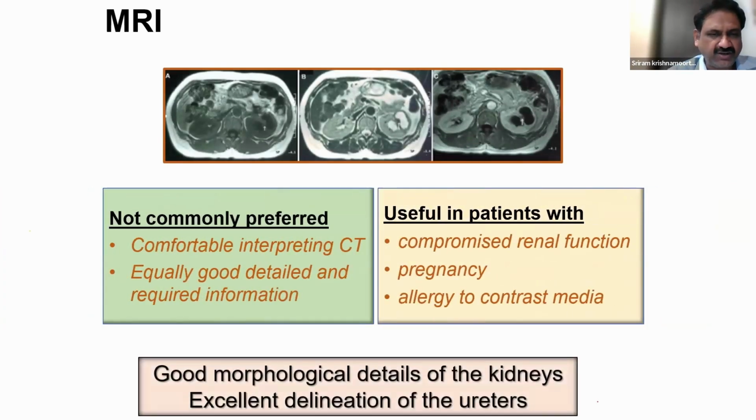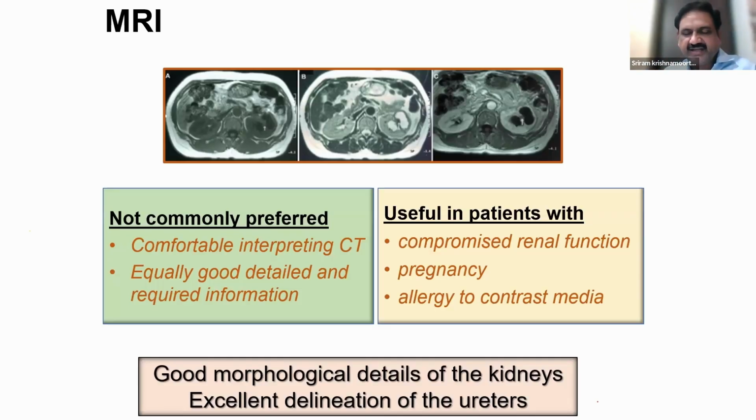MRI, as I mentioned earlier, is not commonly preferred. It is mainly useful in patients in whom we cannot do a CT urogram: patients with a renal compromised status, a higher serum creatinine, patients who cannot have ionizing radiation exposure like in pregnancy, or if a person is allergic to contrast media. These are the three main areas where MRI has a greater role to play than CT scan.